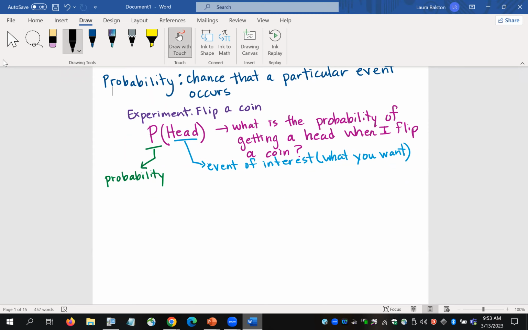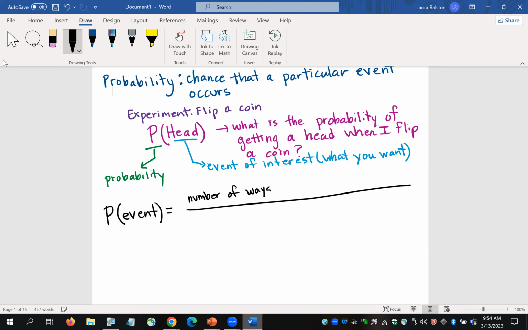But in most cases, when you think about calculating the probability of a particular event, we think about the number of ways the event can occur over the total number of possible events.